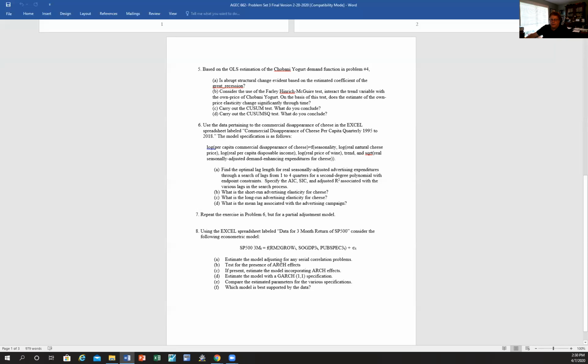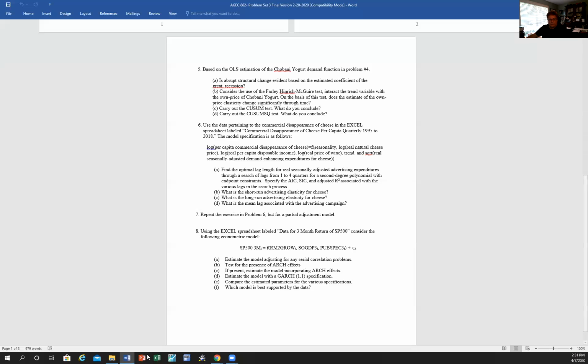Now, in order to test for the presence of ARCH effects, you need to first correct for serial correlation, and you have to carry over that serial correlation structure, then test for the presence of ARCH effects. And we can do that fairly easily, looking at lags of the squared residuals 1, 2, 3, and 4, and then coming up with the optimal ARCH model that way.